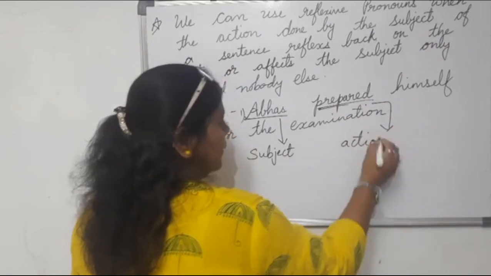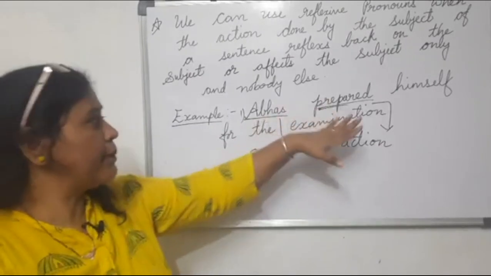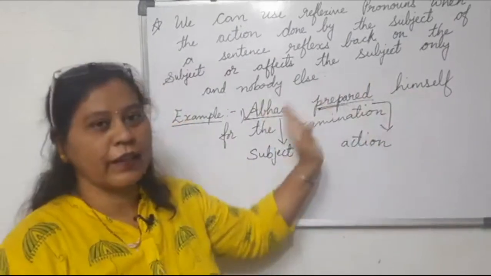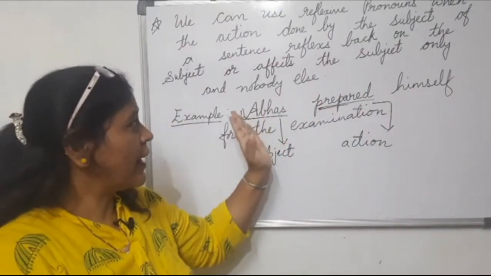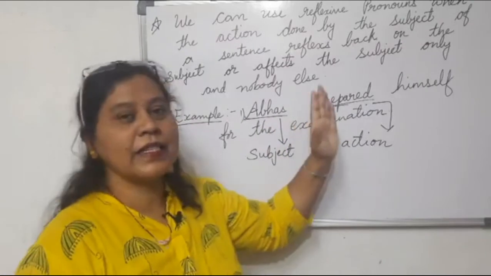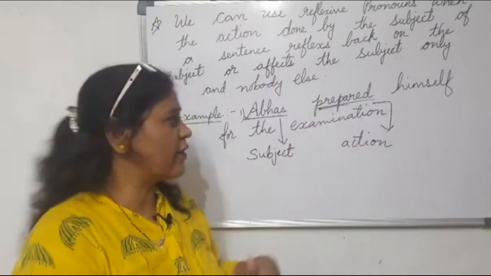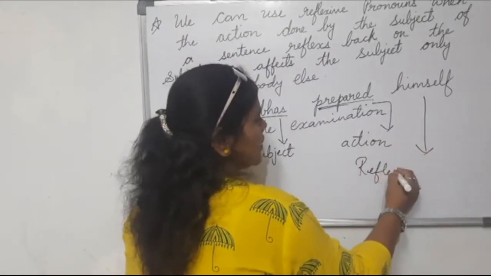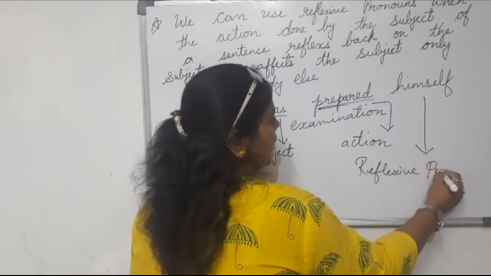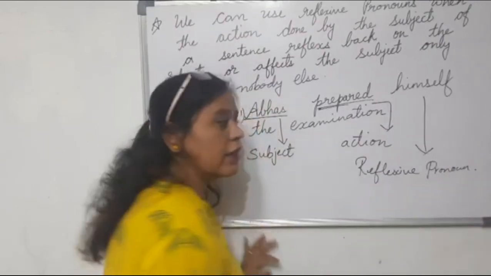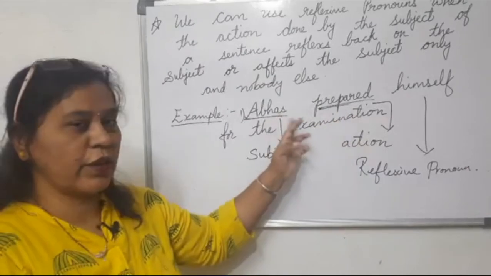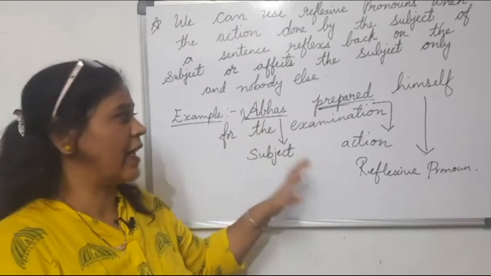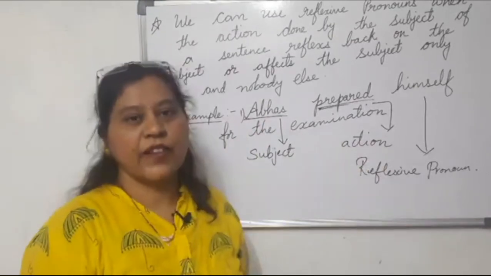Nobody helped him, no one else; only Abhas prepared himself for the examination. So himself is a reflexive pronoun. Got it? Understood? The subject himself is doing the action there, and nobody else helped him.